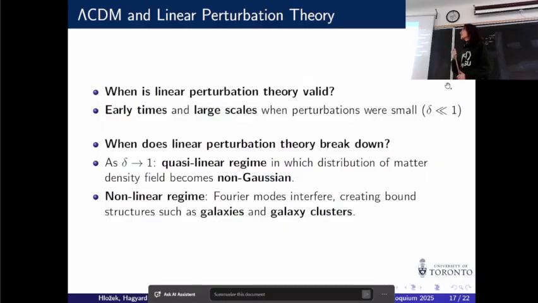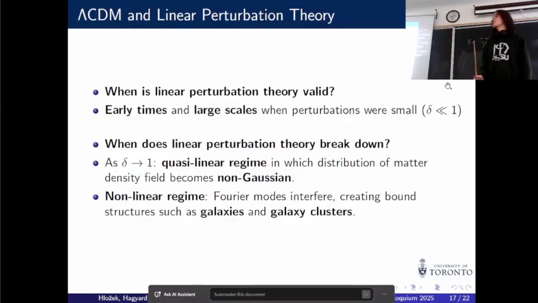But it breaks down and becomes insufficient to describe matter density perturbations as you approach larger density fluctuations in what's known as the quasi-linear regime. Although density perturbations might still be small, the Fourier modes that describe them are changing drastically, which translates to a non-Gaussian matter distribution.